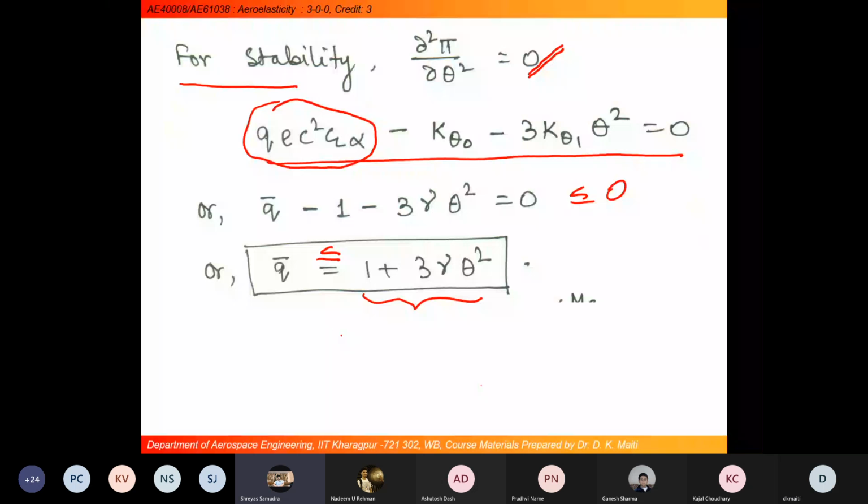Yes, it should be minima. So the condition for minima is that the second derivative should be smaller than 0. Okay, it is not always minima, it may be maxima also.